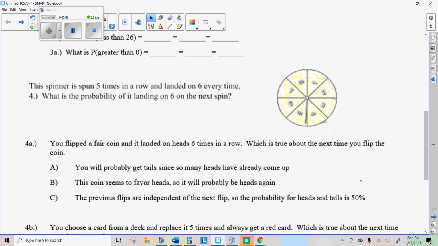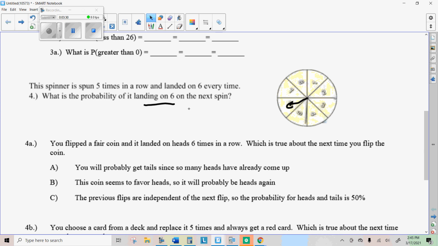Number 4 here. The spinner is spun 5 times in a row and landed on 6 every time. So for some reason, the spinner seems to keep landing on 6. Either that or we're just really lucky. What is the probability of landing on 6 the next spin? Well, this spin is all by itself, really. It doesn't matter what we spun on the last 5 times. It's independent.